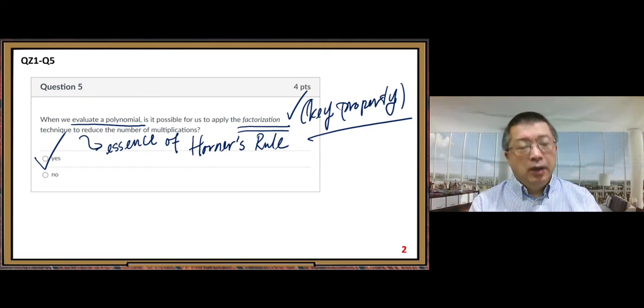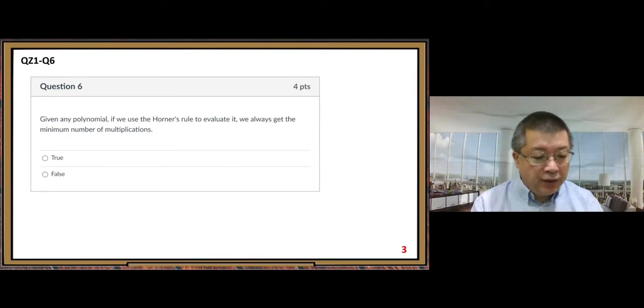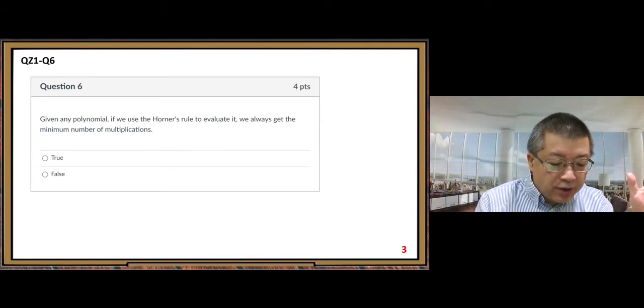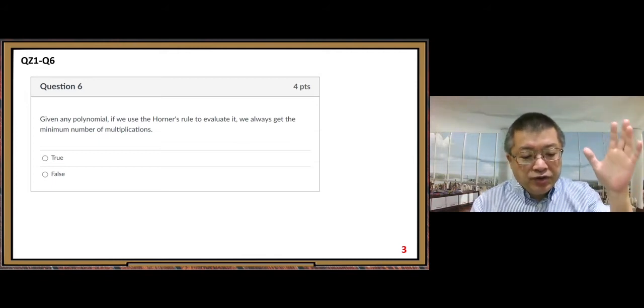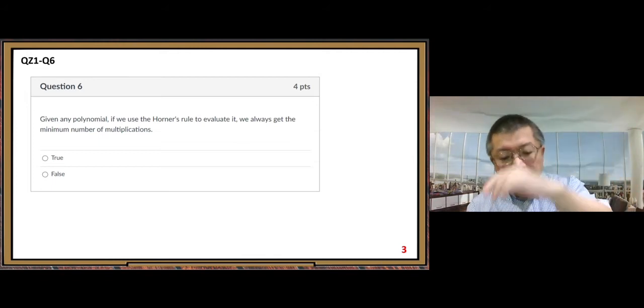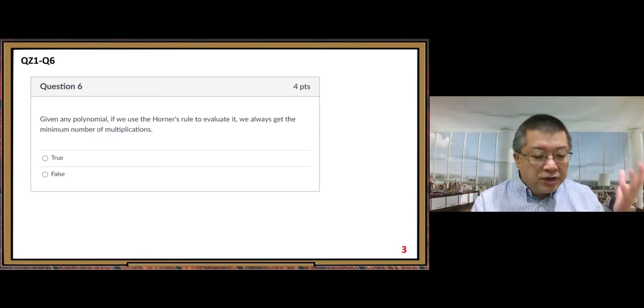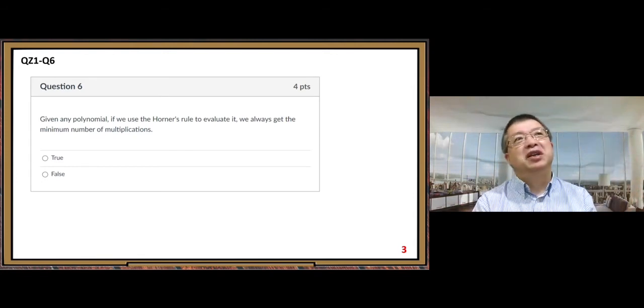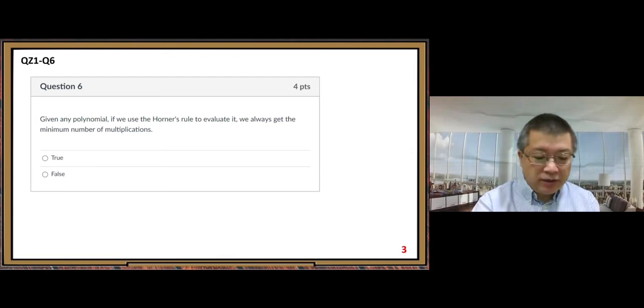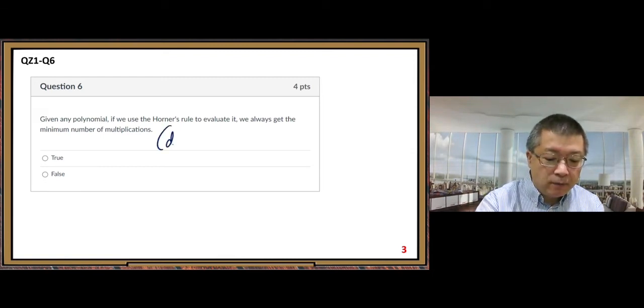All right. The last question of part 2, question number 6. Given any polynomial, if we use Horner's rule to evaluate, we always get the minimum number of multiplications. This one requires a little deep understanding.